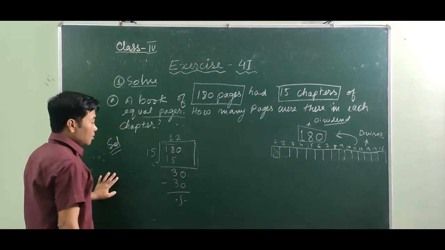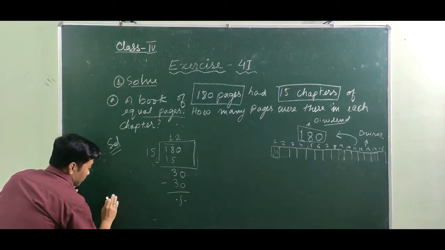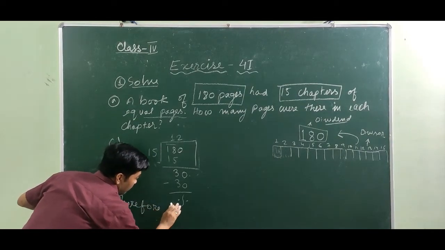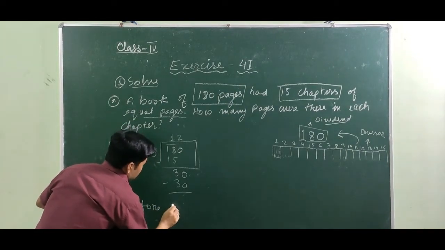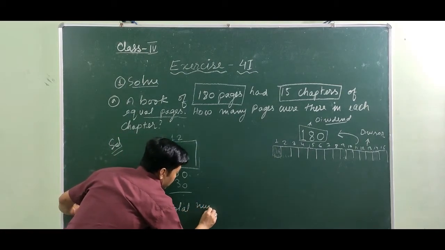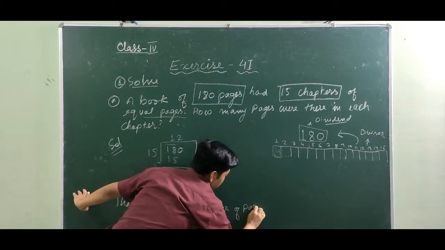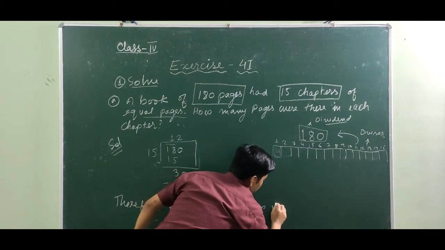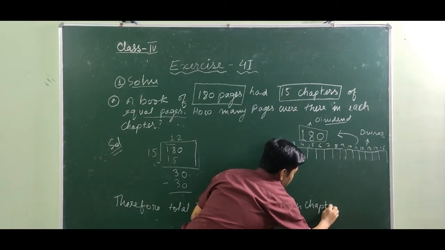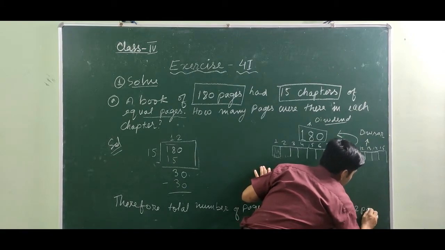Okay. Now see, therefore the total number of pages in each chapter is how much? 12 pages.